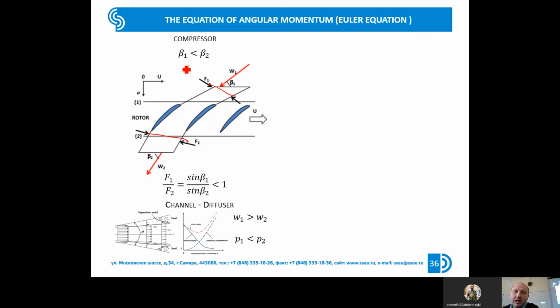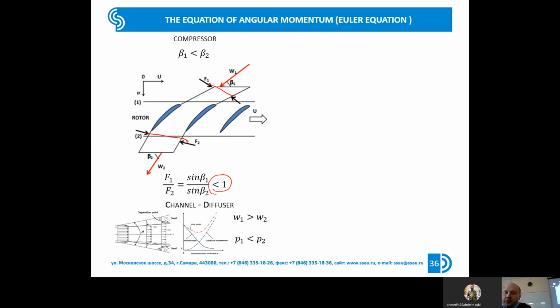And because beta 1 is less than beta 2, we receive that this relationship will be less than 1. And it means that the channel between the blades of the compressor will be a diffuser. So in the compressor, to organize energy exchange, we need to organize a diffuser channel between the blades.